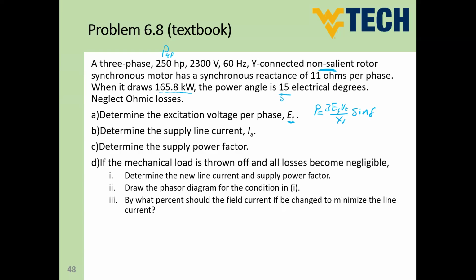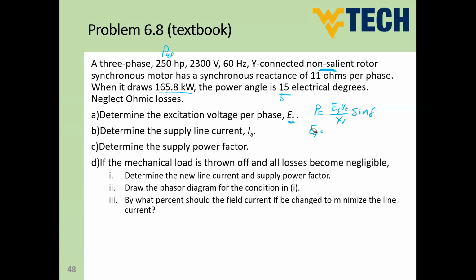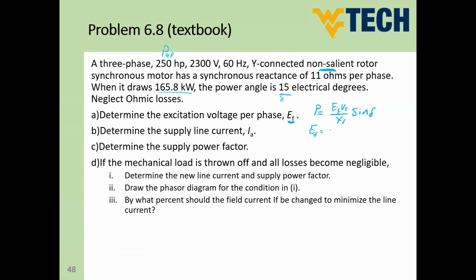Okay, so let's do that here. So we can say EF equals, if you'd like to get it in line, I will remove this 3 from the equation. So it's gonna be EF line and V line in this case. So we can say EF equals P times XS divide V terminal sine delta.